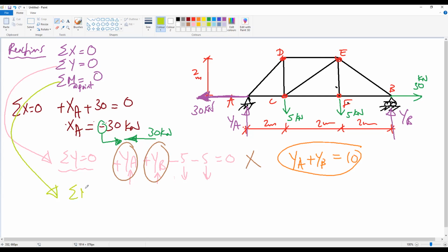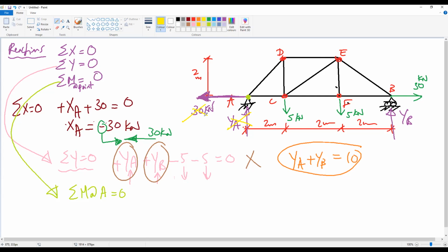Okay. So now we go to the last equation, summation moment at any point equal to 0. So which point to take the moment about or around? A or B or C or F? We can take the moment at A or at B. Okay, I will take it at A. The best thing is to take the moment at the joint where we have reaction to cancel the reaction, because YA passing through A, so doesn't have moment. 30 kilonewton also passes through A, doesn't have moment.